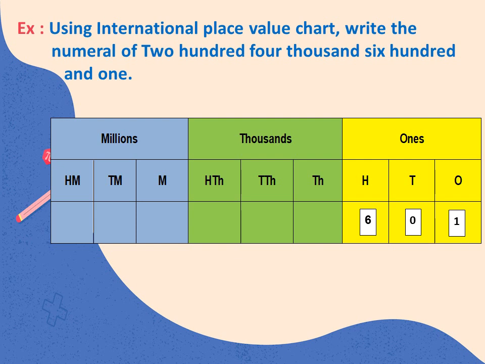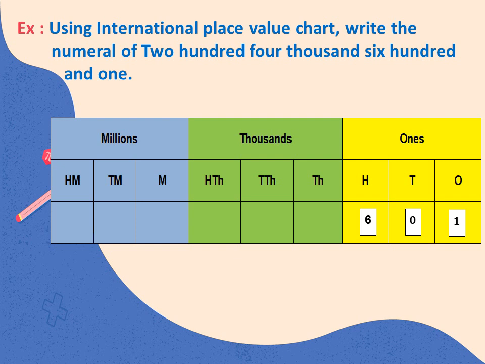Next, what comes in the thousands period? That is 204,000. In this part also they did not mention what comes in the 10,000s place, so in that place we need to enter 0.